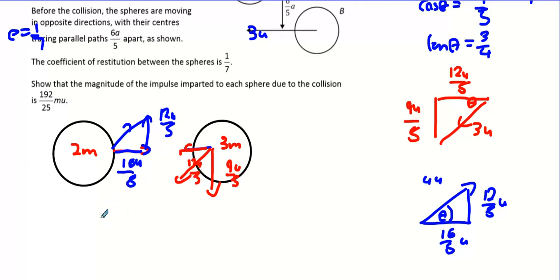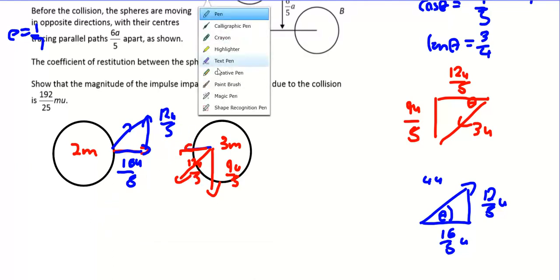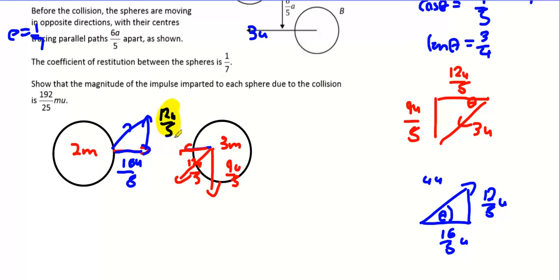So we know that the y components stay the same, so these are going to be unaffected. What is going to be affected is the 12u over 5 and the 16u over 5. For the after picture, we're going to be using v1 and v2 for the x components, and the y components stay the same.